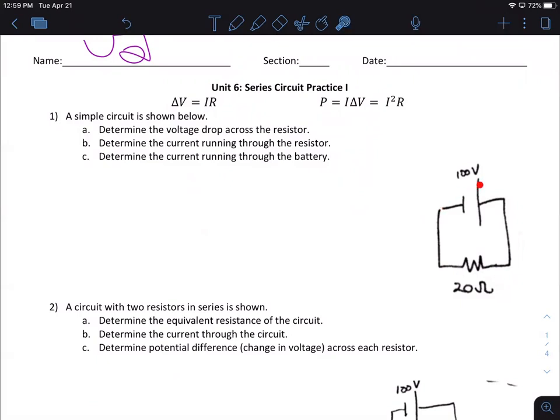So whatever electric potential I gain by the battery, I lose across the resistor. We'll see later that that ends up also conserving energy in terms of power. All right, determine the voltage drop across the resistor.